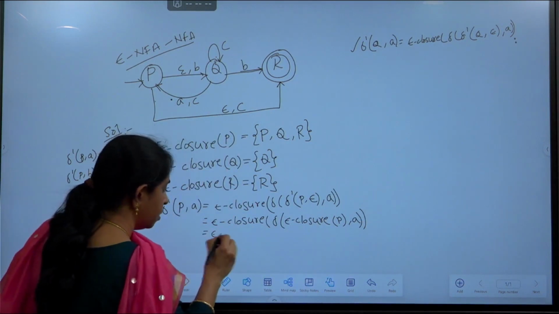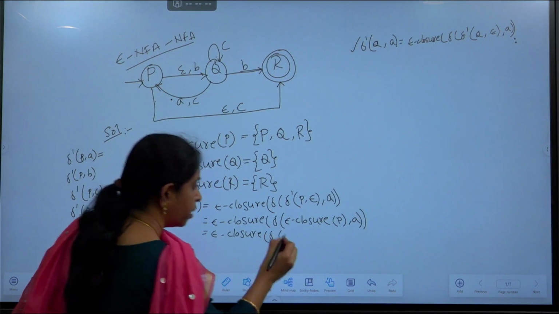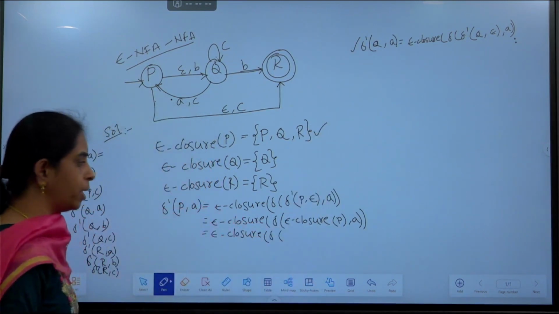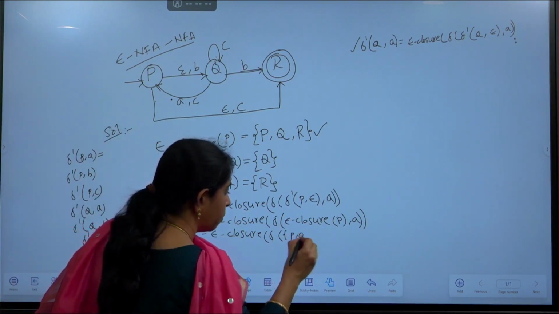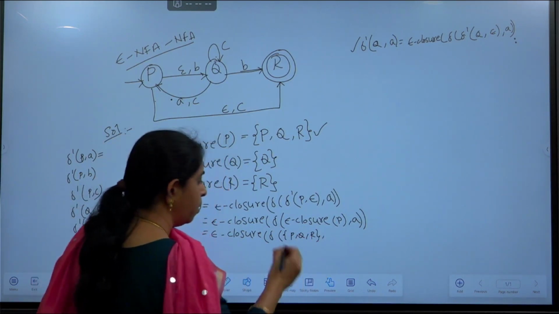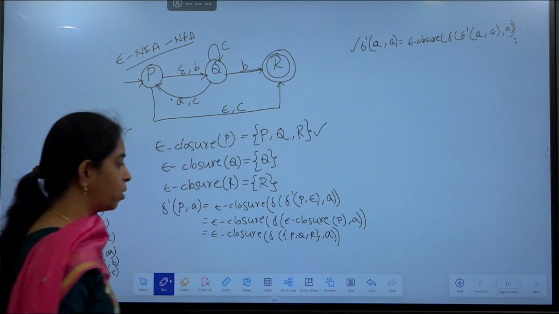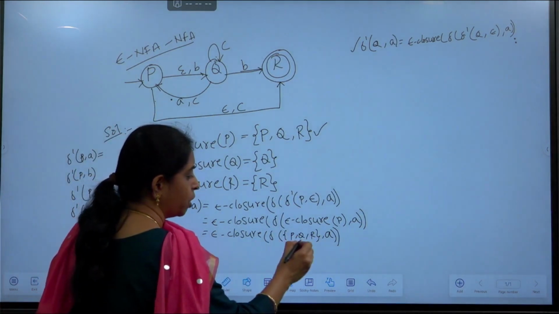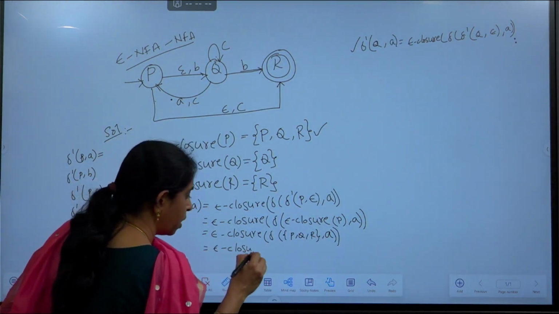Now epsilon closure of delta of epsilon closure of P. Here we have written epsilon closure of P, that means P, Q, R is the epsilon closure, and on input alphabet A we have to find the transition, so we write the A. Delta is the direct transition from P comma A. Like epsilon closure, we will apply the union.